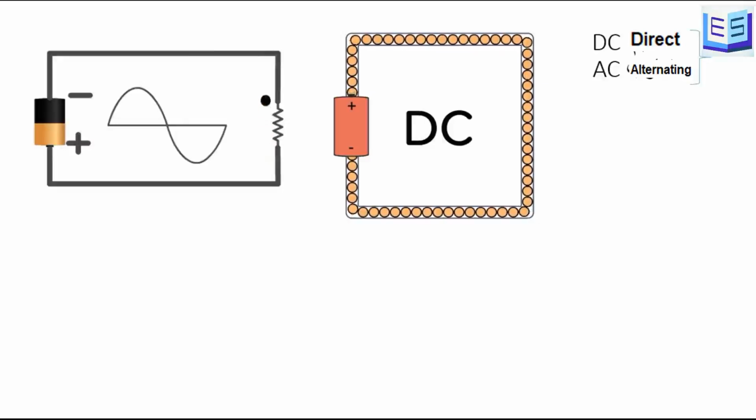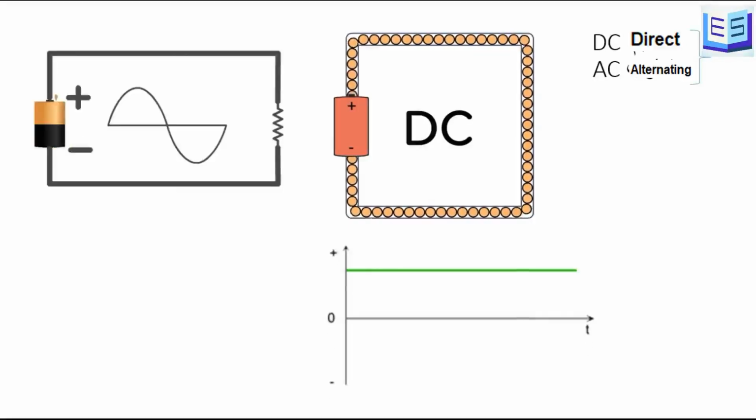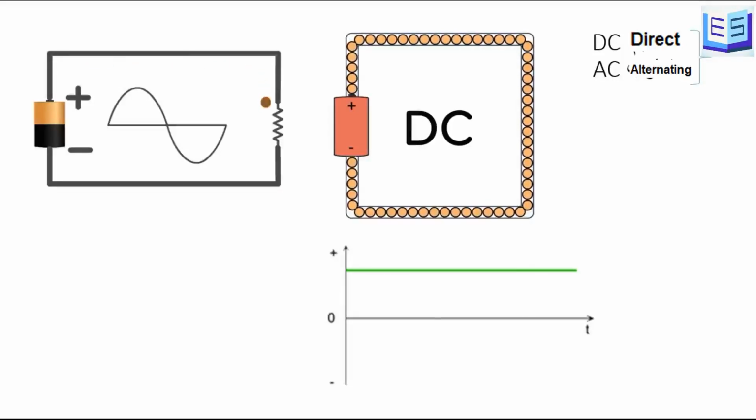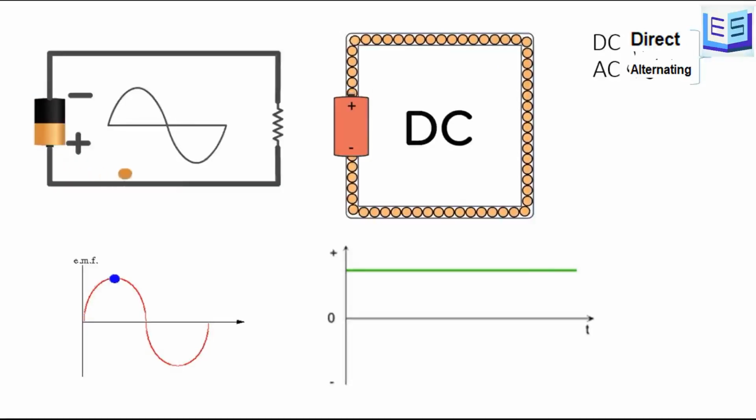If we want to show the changes of direct current and alternating current over time in a graph, the DC graph is a straight line and does not change over time, but the AC graph, due to the changing polarity, has oscillations, and its changes are in the form of a sine wave. The number of times this waveform repeats in 1 second is called the frequency.